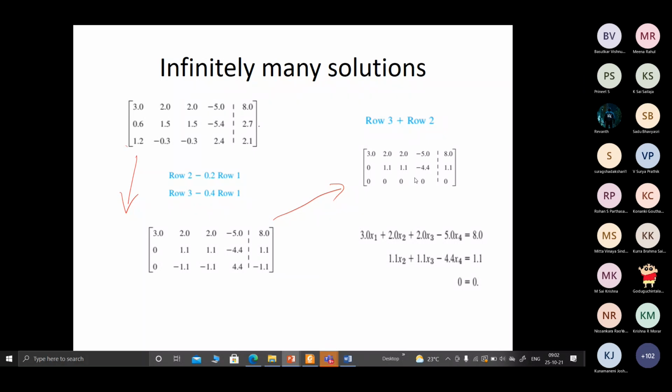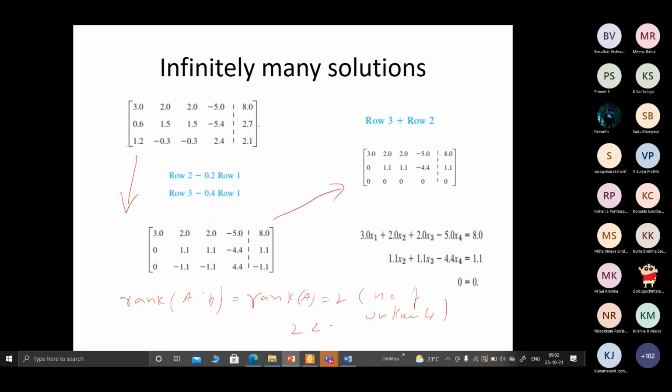Now what is the rank of AB? 2. What is the rank of A? 2. And what is the n value here? 4. See, the rank of AB is equal to the rank of A, equal to 2, and the number of unknowns is 4.